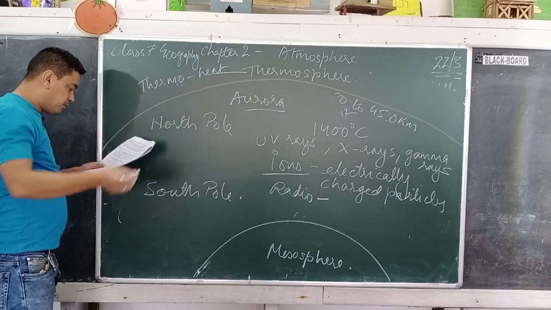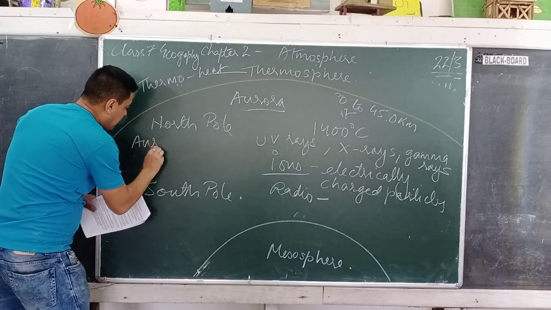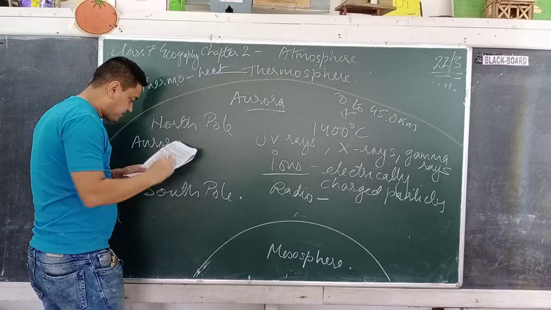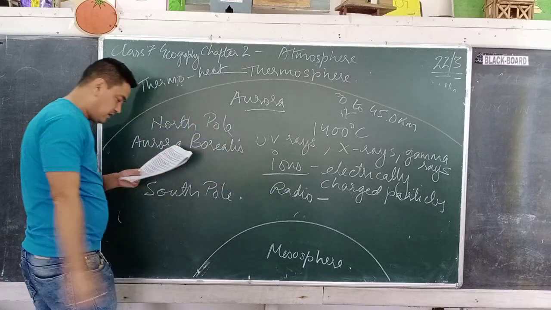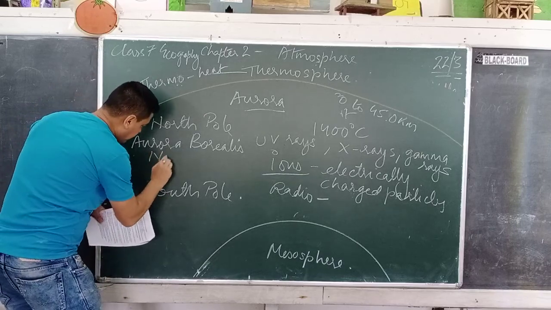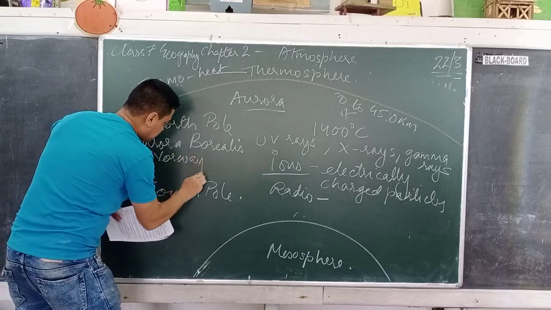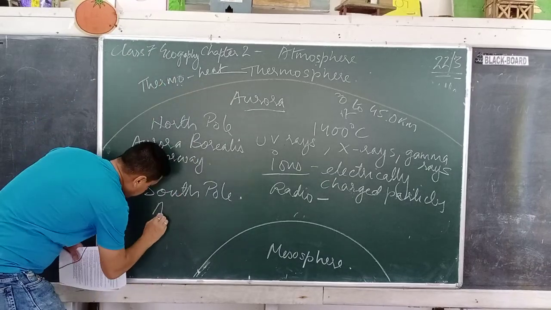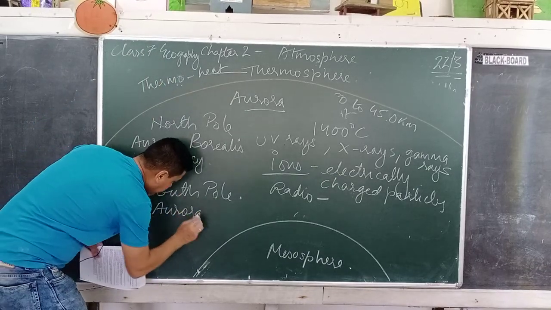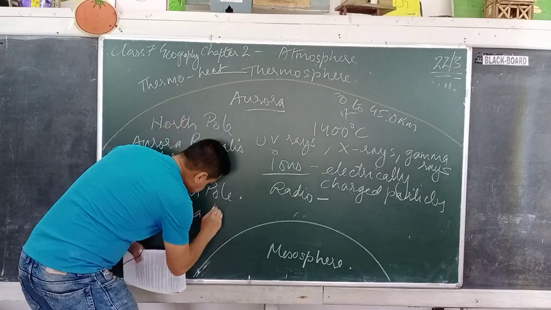In the North Pole, it is called aurora borealis, B-O-R-E-A-L-I-S, found in Norway. This is called the northern light, whereas aurora australis, spelled A-U-S-T-R-A-L-I-S, is found in the South Pole. This is called the southern light.